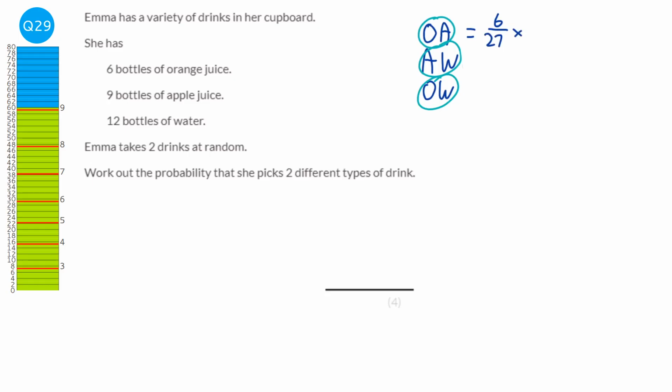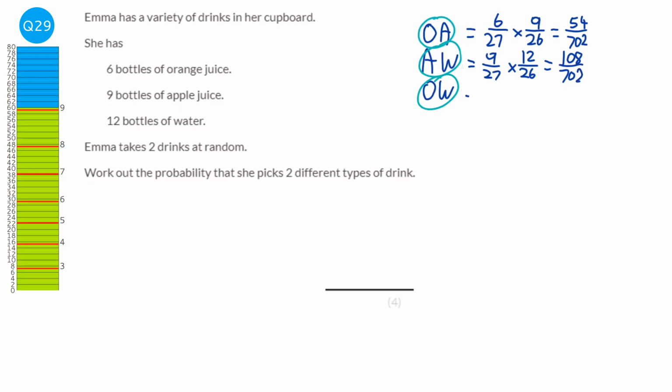And then if we picked an orange juice, the probability of picking an apple juice would be 9 over 26. And so that would be 54 over 702. Apple juice then water would be 9 over 27, and then 12 over 26, and so that would be 108 over 702.